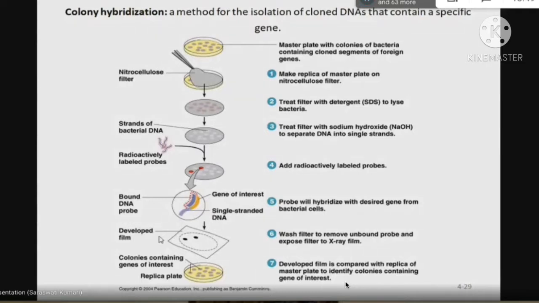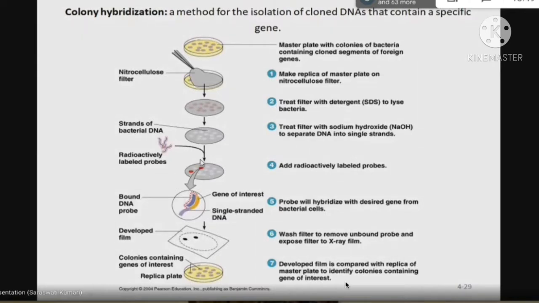That means if we are getting a black spot on the membrane, X-ray film, that means the membrane is showing fluorescence or radioactive decay, because our probe has hybridized there.